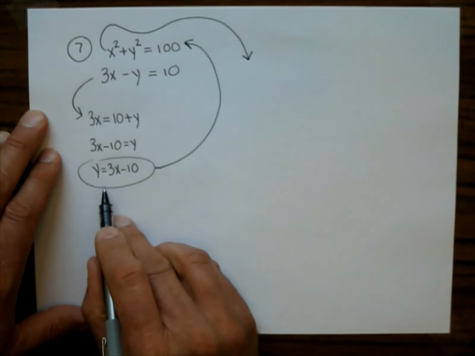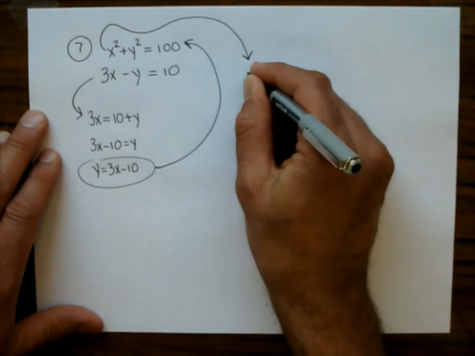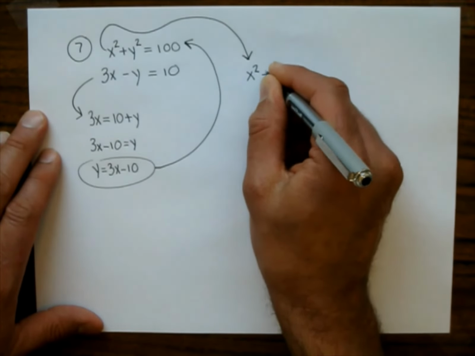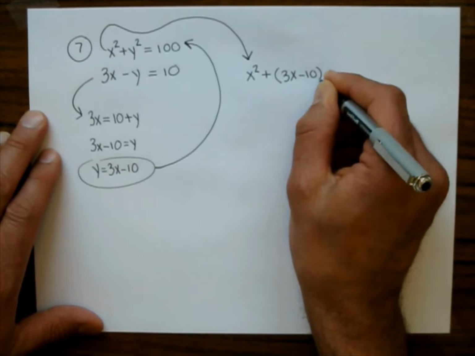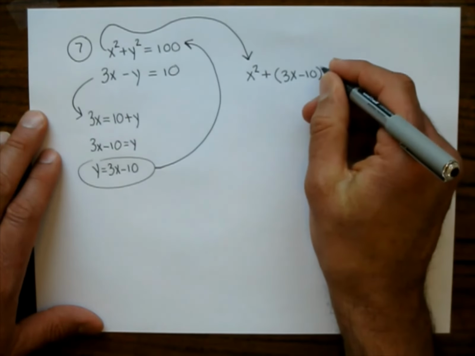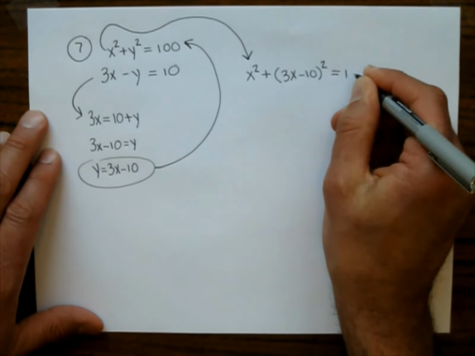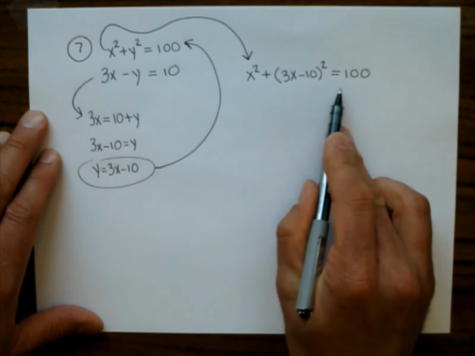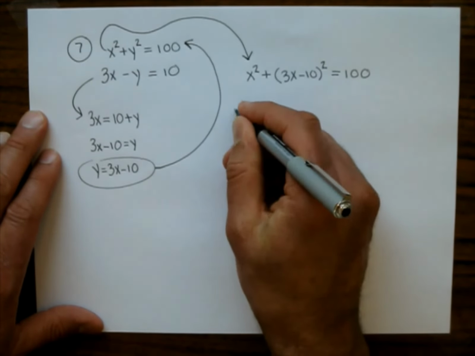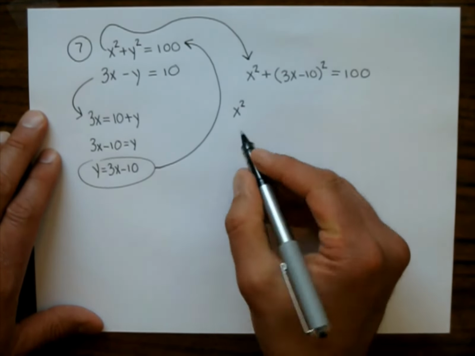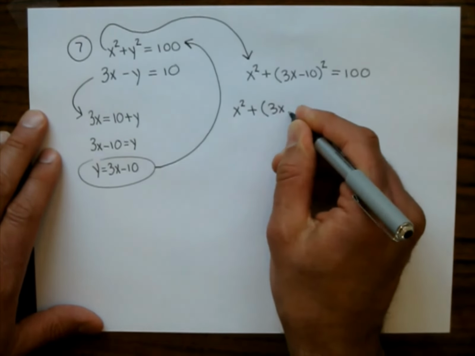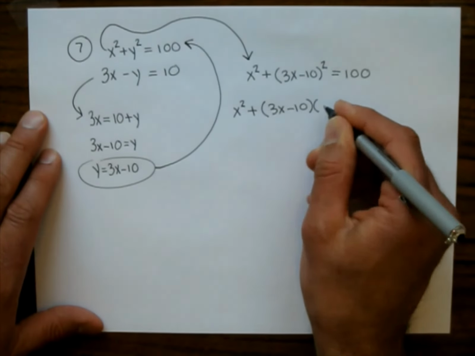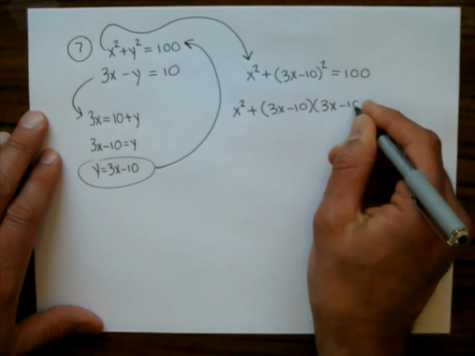So when I do that, everywhere there's a y, I replace it with 3x minus 10. And don't forget, there's a squared on that y. So it looks like what I have right here is a quadratic equation. X squared plus, now let me go ahead and write this out so you'll know that I'm doing a FOIL on that.